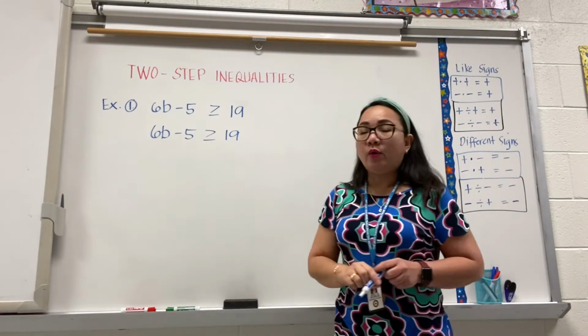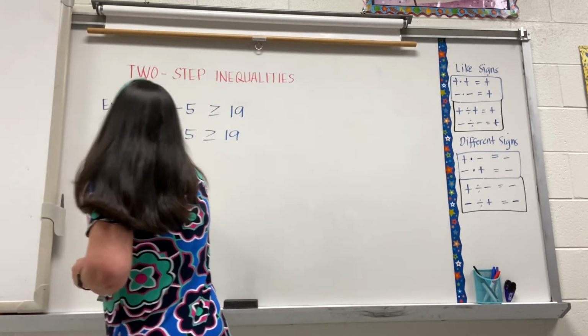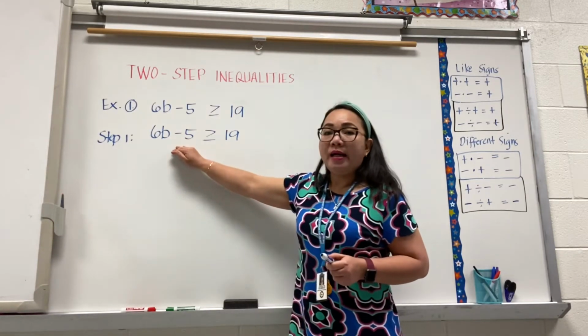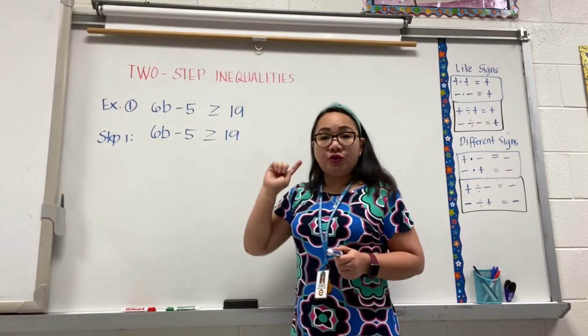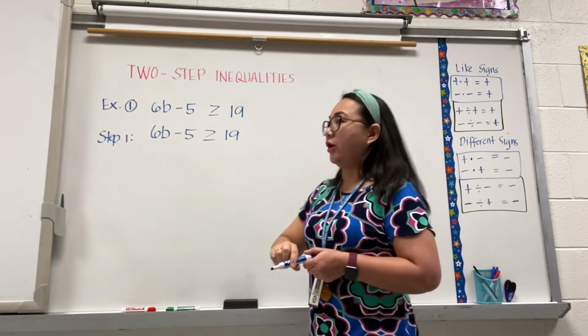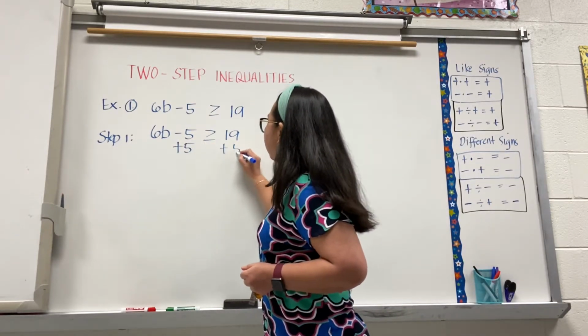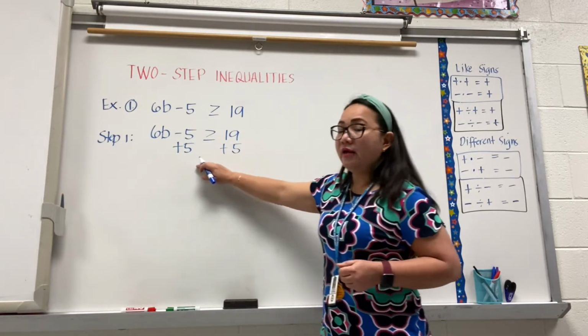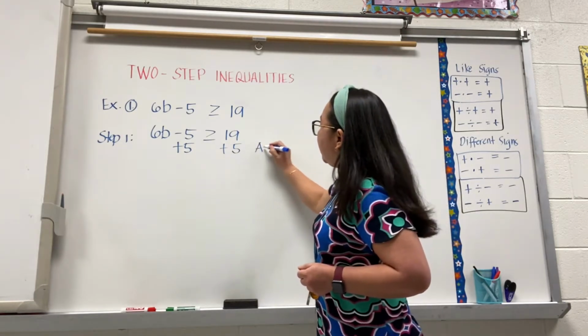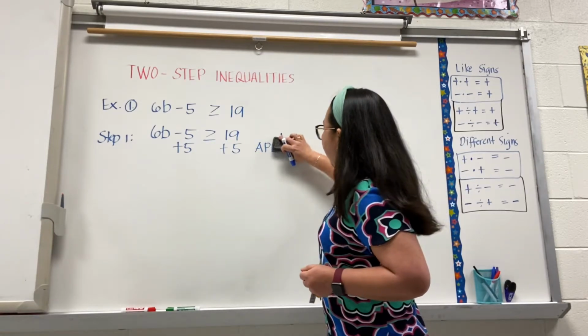So we will do our first step. We will eliminate minus 5 first. To do that, we will get the inverse of subtraction, which is addition. So add 5 to both sides. Since we are adding 5, we apply the addition property of inequality.